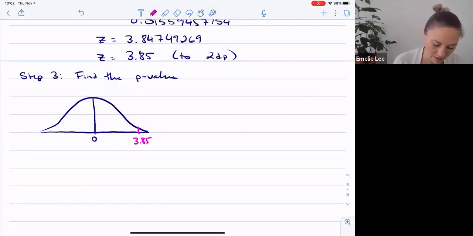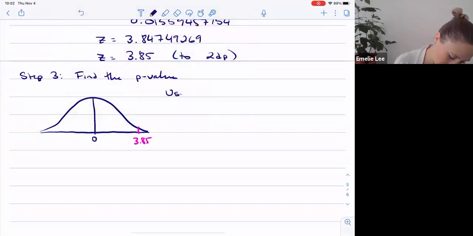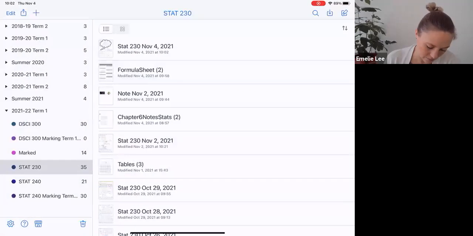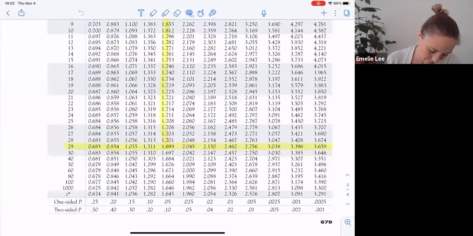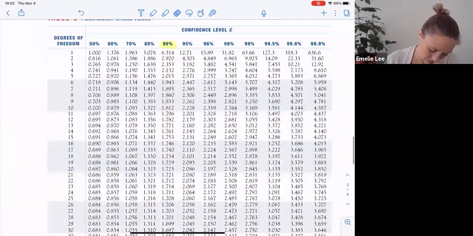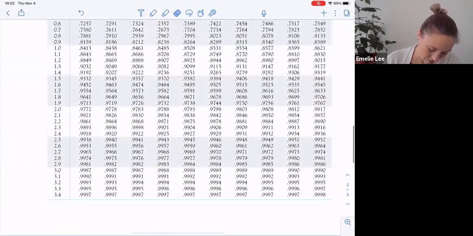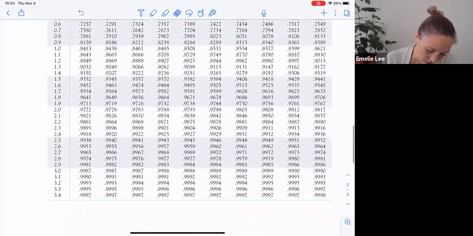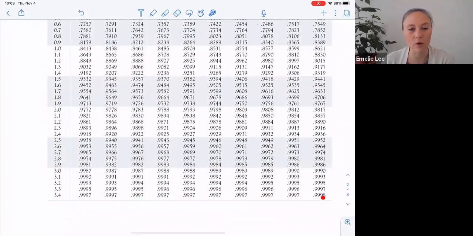Using the Z table, I'm on the positive side of the Z table, trying to find that 3.85, and it looks like I max out at 3.49.